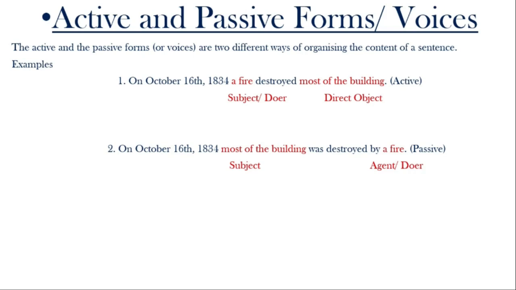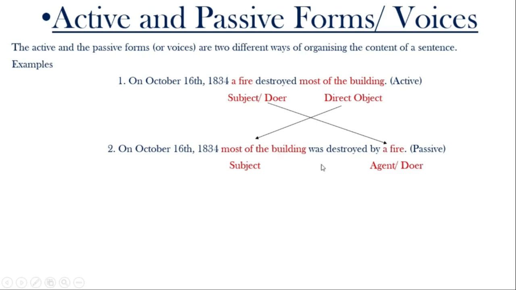Now, the subject comes first and the doer or the agent comes last. Look here, the arrow shows the direct object here in the beginning, and the doer of the verb is in the last. Okay, so the order is changed.